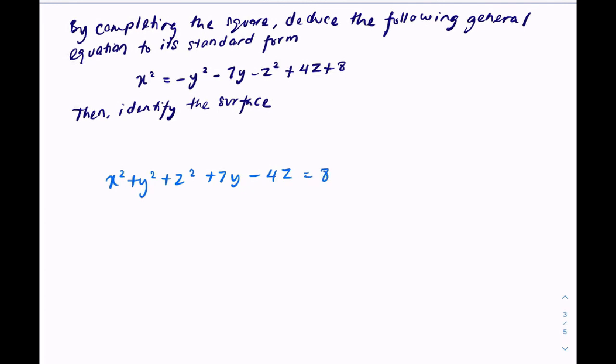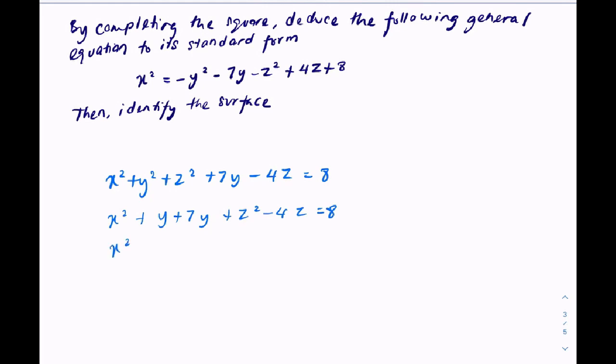Isn't it? Okay, so looks like we have to use completing square. X squared, we don't have any x. Y plus 7y plus z squared minus 4z equals to 8.